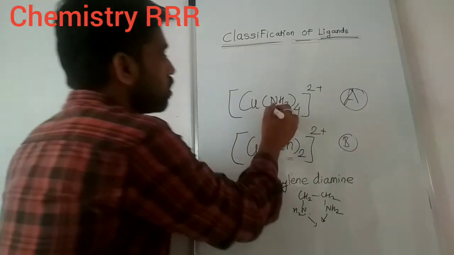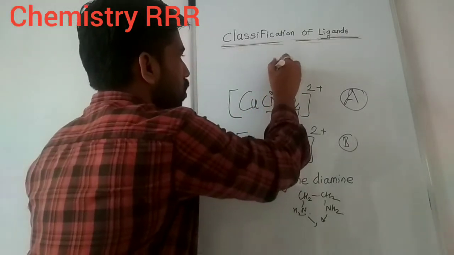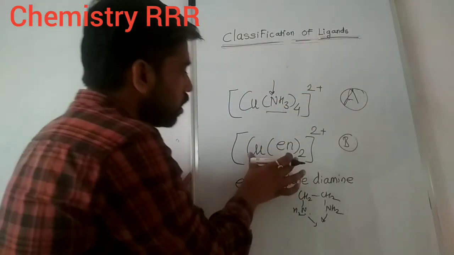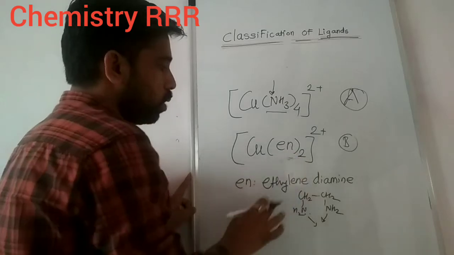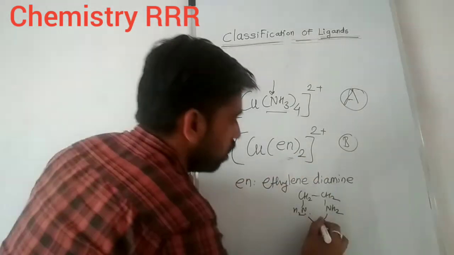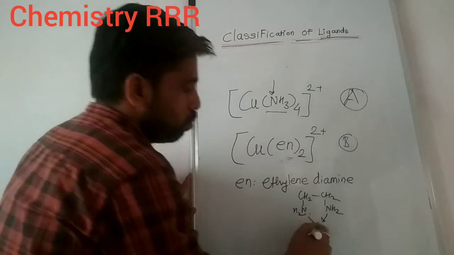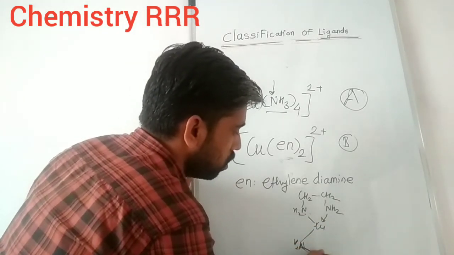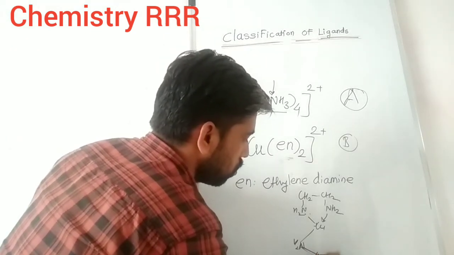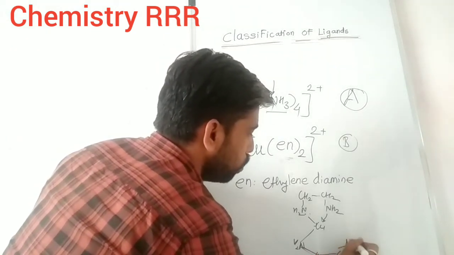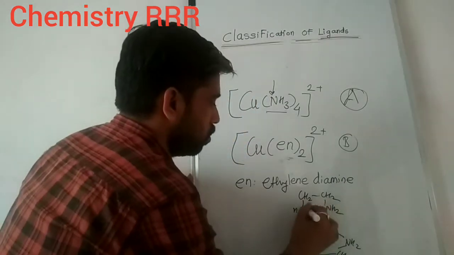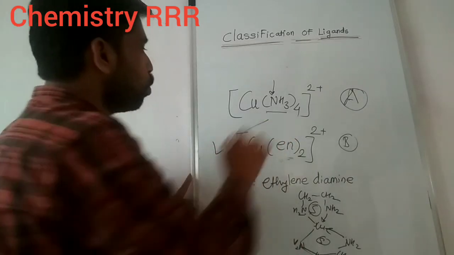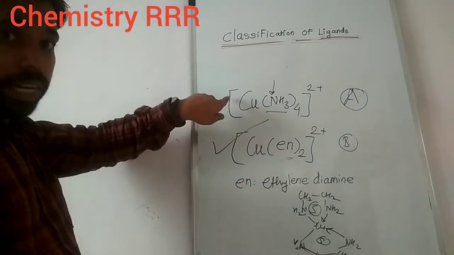In this complex ammonia is a monodentate ligand, but in this example ethylene diamine forms the chelate around the central metal atom, forming two 5-member rings. So this complex is more stable as compared to the non-chelated complex.